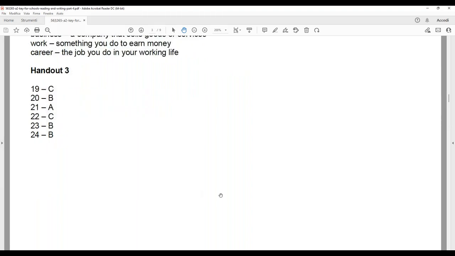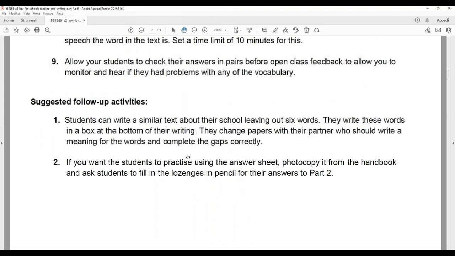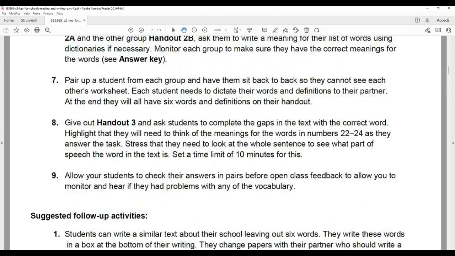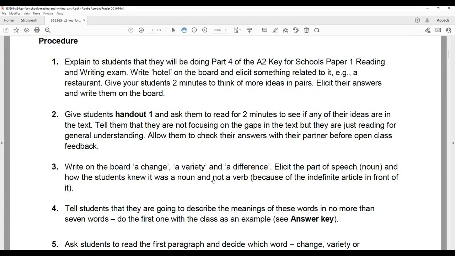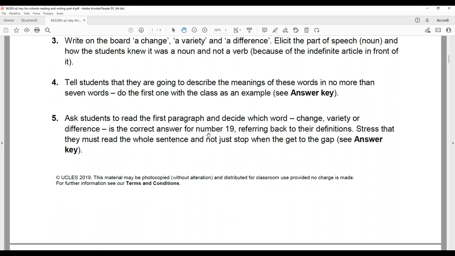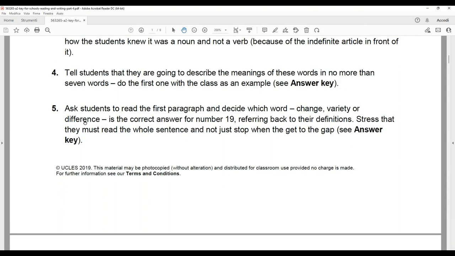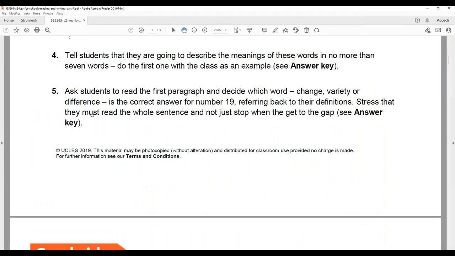Oh, 19, there you go. Ask students to read the first paragraph and decide which word, change, variety, or difference, is the correct answer for number 19. So difference, right? Difference was the word suggested by Cambridge for number 19.